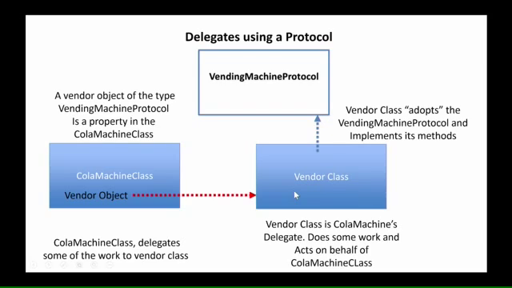Now, yes, we're going to use delegates, but we also want to use the concept of protocols. So what I'm going to do is I'm going to make a protocol called the vending machine protocol that's going to define a property.